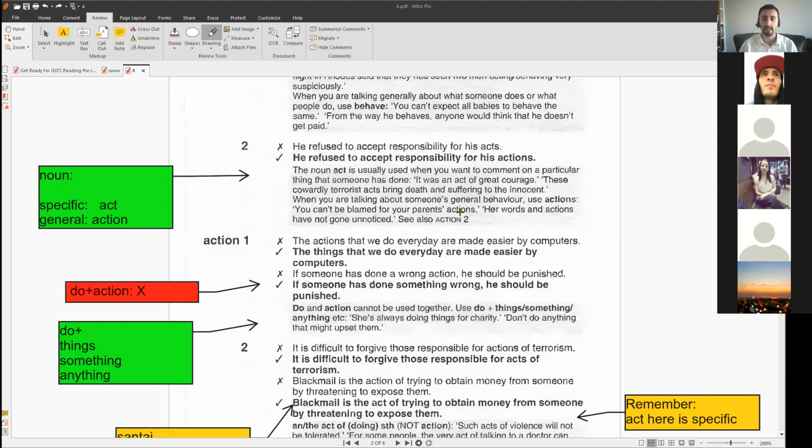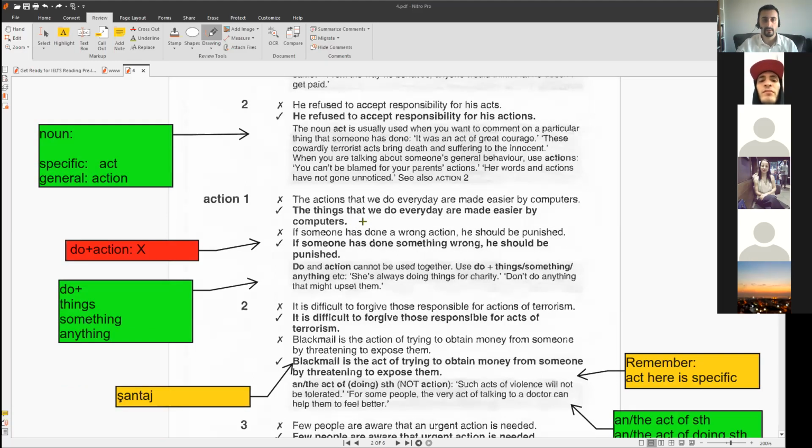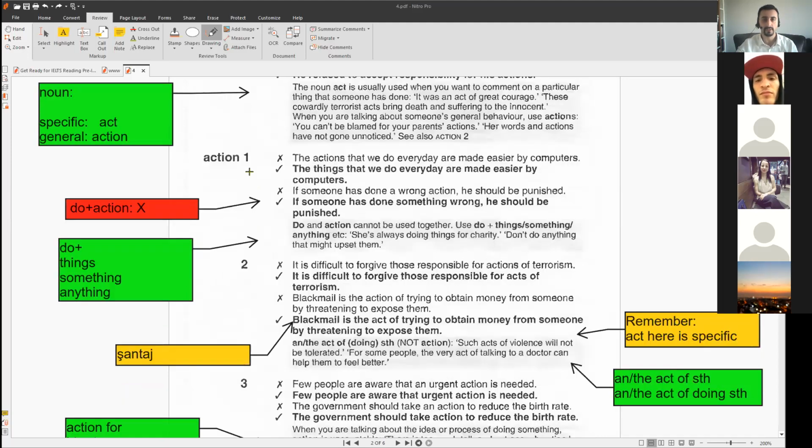Her words and actions have not gone unnoticed. As you see here again, her words and actions. This one, that one is general. So in a specific, we use act, general, action.